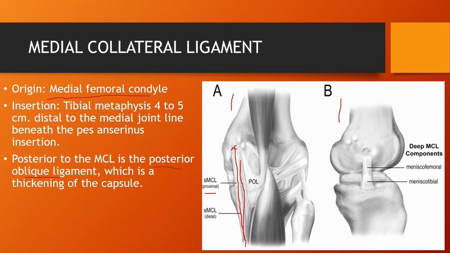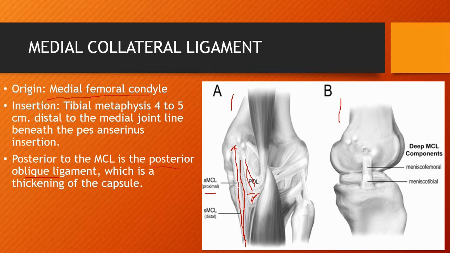And so the same is true of the posterior oblique ligament here, which is simply a thickening of the posterior medial capsule. Okay, so the posterior oblique ligament is going to provide some stability to resist medially directed forces, and also to resist posteromedial rotatory forces.